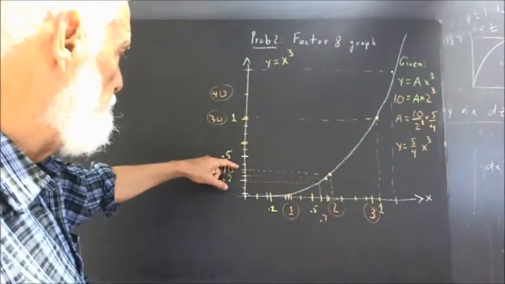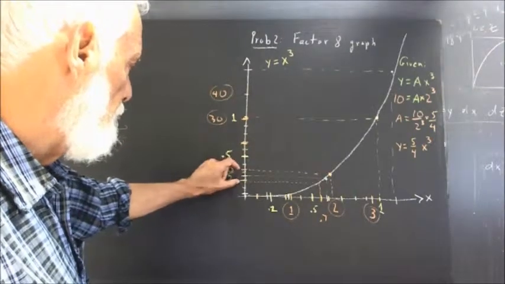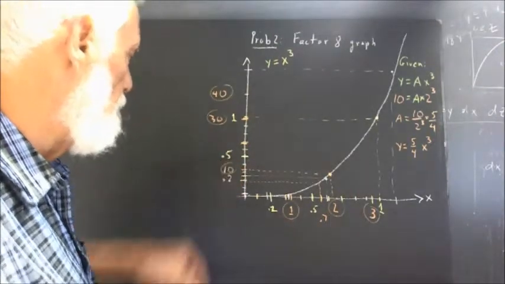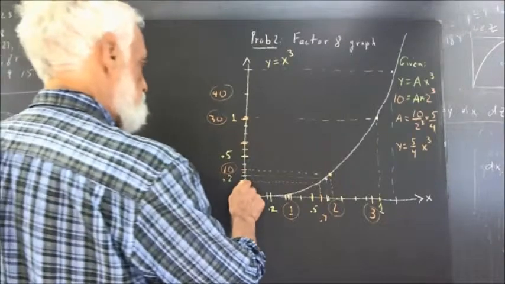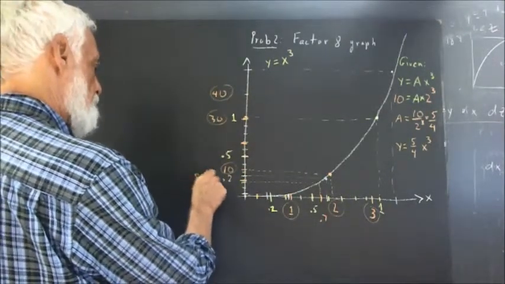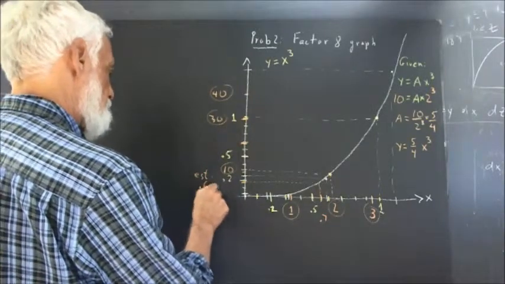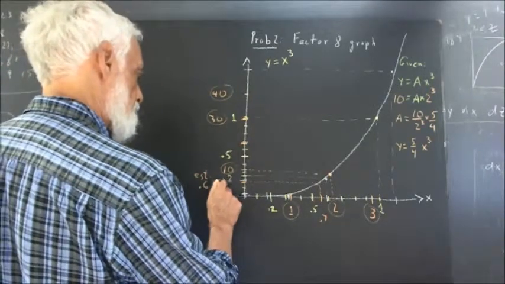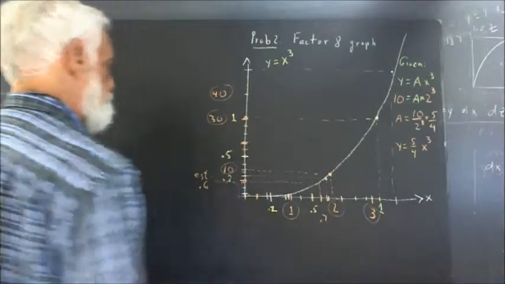If this is 10, then this looks like it's maybe a little more than halfway. So we're going to estimate a value a little more than half of 10, which would be 0.6.